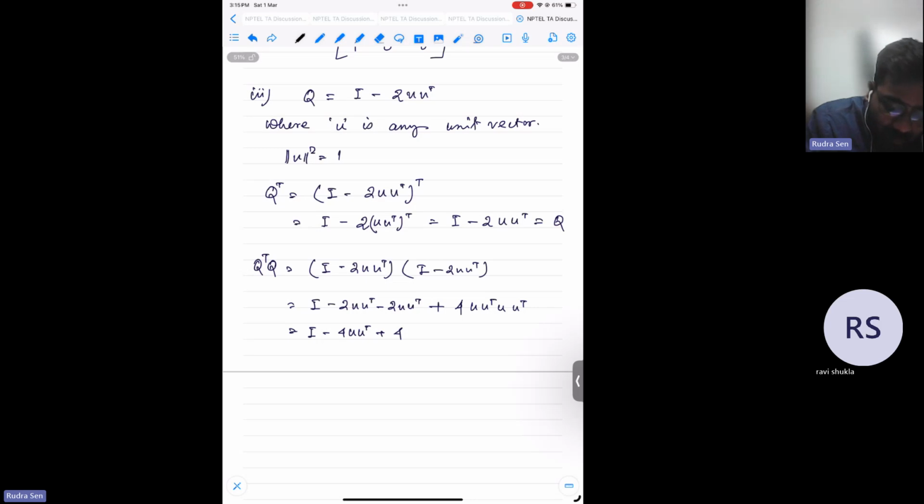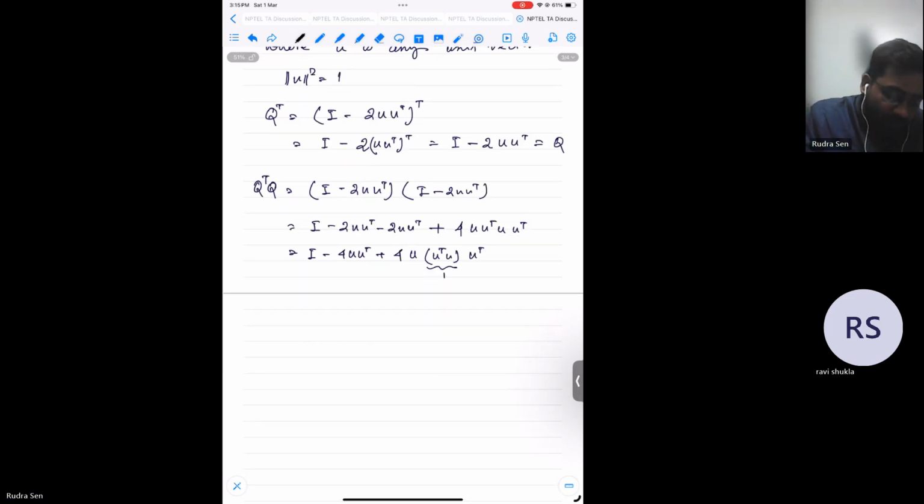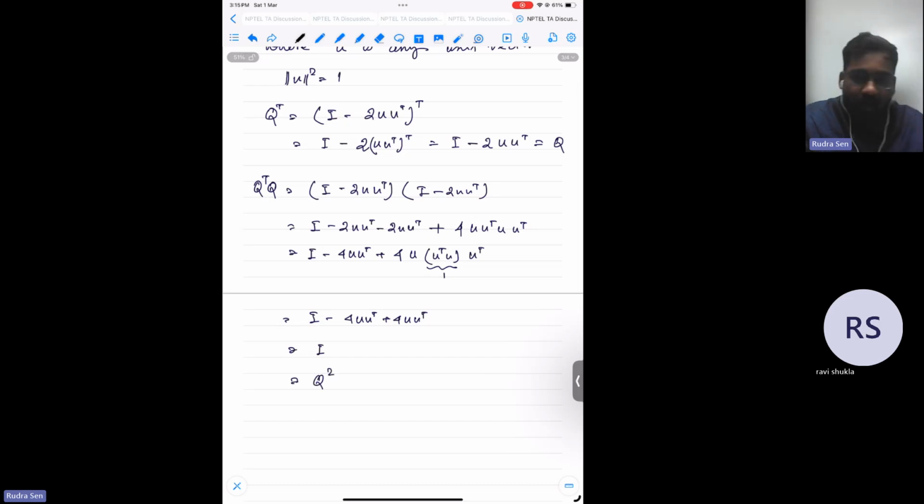Since u is a unit vector, u transpose u becomes 1. So we get I minus 4 u u transpose plus 4 u u transpose, which is I. Q transpose Q comes out as I. Here Q transpose Q is also Q square, because for the reflection matrix we have seen that Q transpose equals Q. These are all examples of orthonormal matrices, where the column vectors are orthonormal to each other.